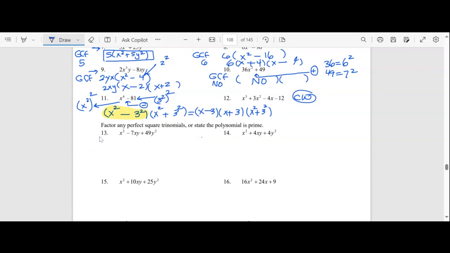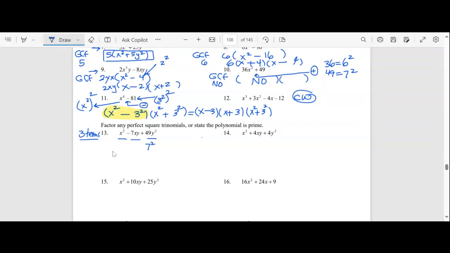Number 13. How many terms do I have here? 1, 2, 3. 3 terms. So I can do factoring of a trinomial. But what type of trinomial? Isn't 49 7 squared? Okay.